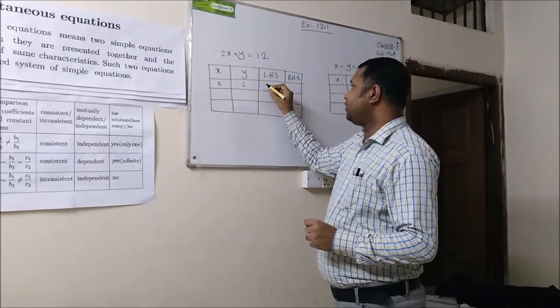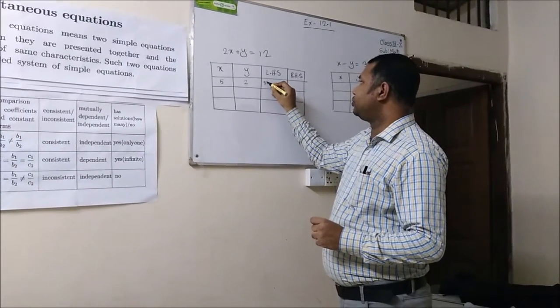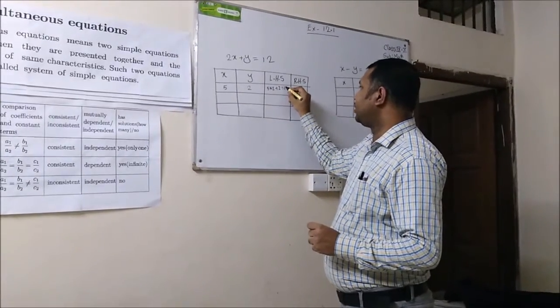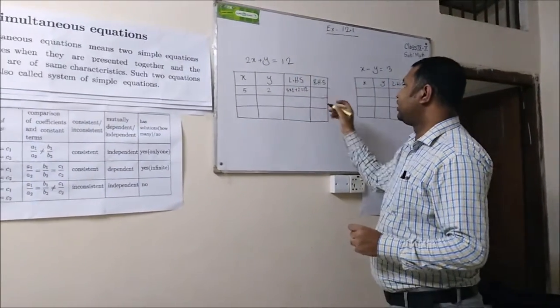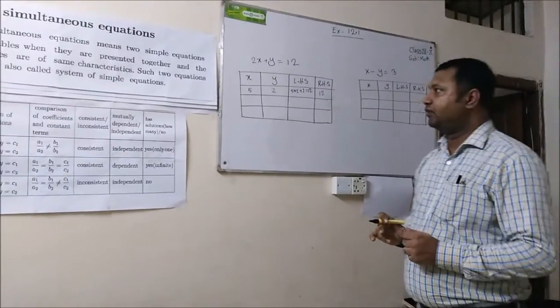So the left hand side will be 2 into 5 plus 2, that equals 12. And similarly the right hand side is 12.